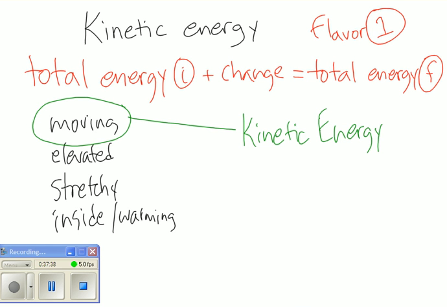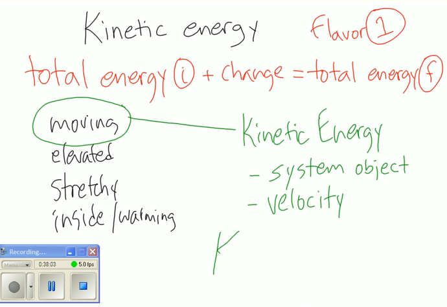And remember, as soon as you have a system object, and as soon as you have picked a moment in time, where you can identify the velocity of this object, you can put a number on the quantity kinetic energy, symbol big K, with the mass of the moving object in kilograms times the velocity of the moving object in meters per second squared and divided by 2.